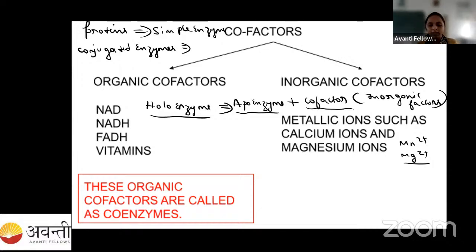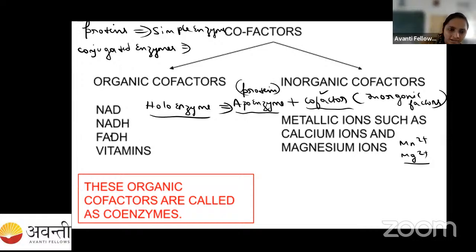If you take the example of nitrogen reductase, what cofactor does it have? Molybdenum, right? That type of enzyme we call a conjugated enzyme. So that cofactor is the inorganic part and the protein part of the enzyme is the apoenzyme.